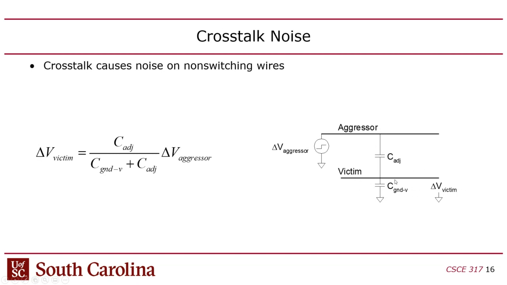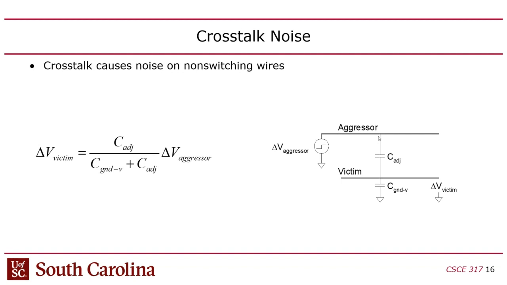The victim has its own capacitance to ground. And so you can calculate the voltage difference caused by this, assuming the victim is undriven. It's just the capacitive coupling, which is C adjacent, the effective capacitor between the two wires. Now you might say, how do you calculate that? Well, that would depend on how long the wires are and how close the wires are.